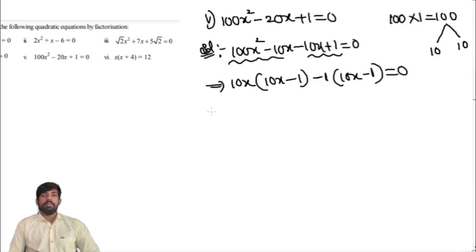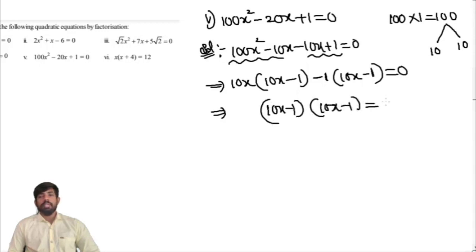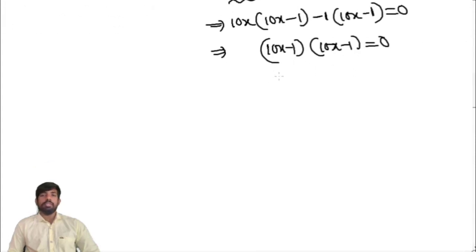So here 10x minus 1 same, take common 10x minus 1, and 10x minus 1 equals to 0. A into b is equal to 0 means either a is equal to 0 or b is equal to 0, so 10x minus 1 is equal to 0.